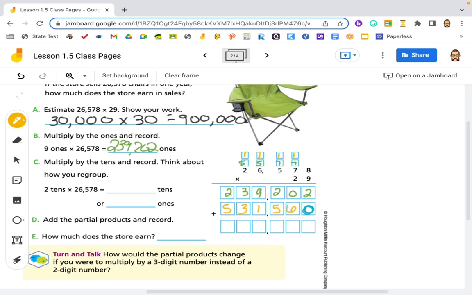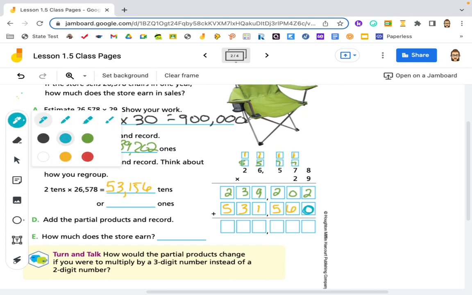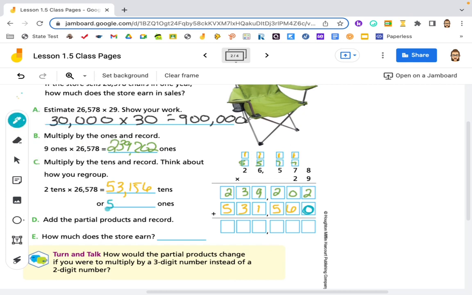So we have 53,156 tens. But with the ones place, we have 531,560 ones.